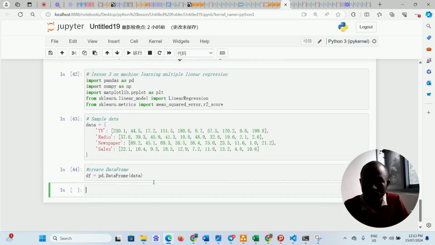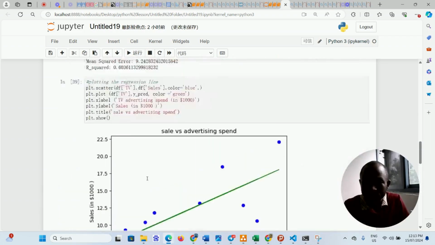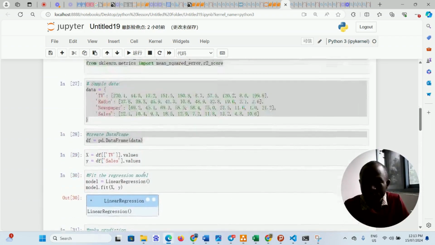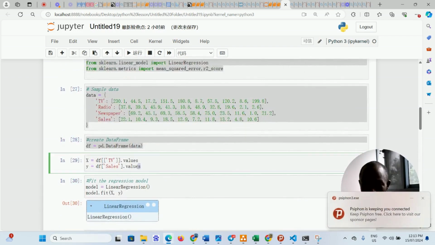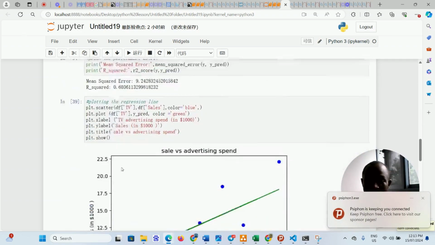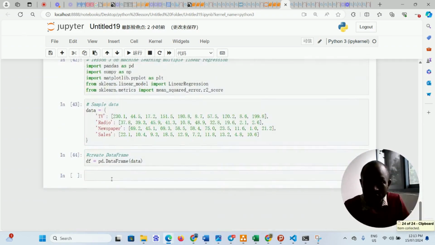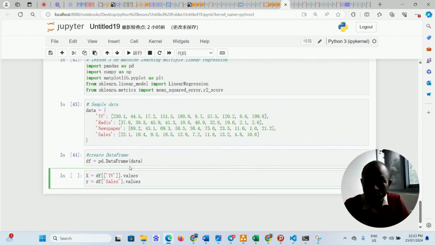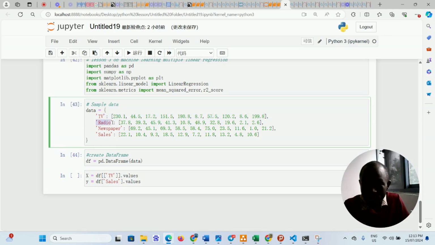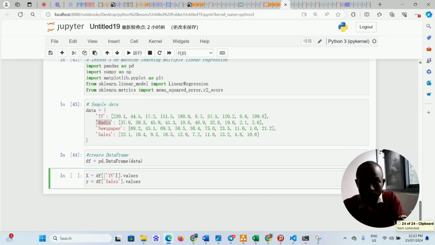That was done. Then after creating this data, what do we do? This is where we have the changes. Now open your eyes, you see where the changes are in multiple linear regression. So you copy only this one, add a comma.